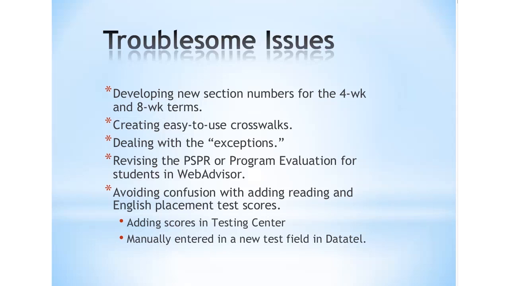So I can give people examples of that, or I can post them at some point if people want to see those. Dealing with the exceptions with our crosswalks, we tried to look at everybody. They come with these certain placement scores or they have taken this class but not the other. What we decided to do with our crosswalk very simply, and I should have just thrown it in here as a slide, was that if you had finished the 070s, which were always for us in writing a sentence level course, then you would go into the 096, the DRE 096, because that's a paragraph level course.